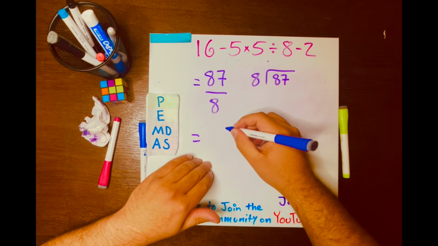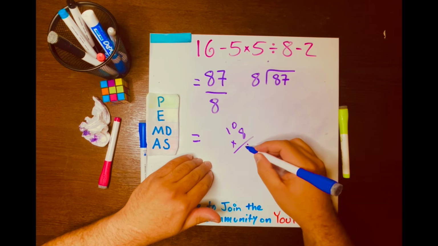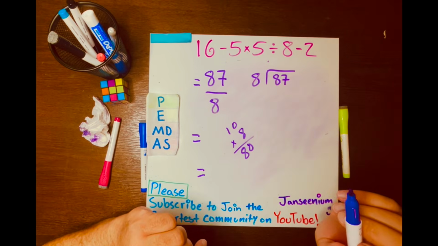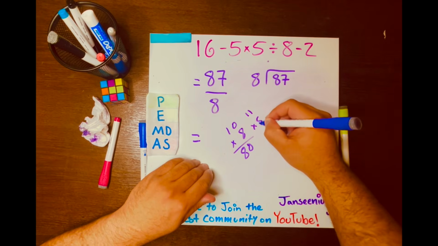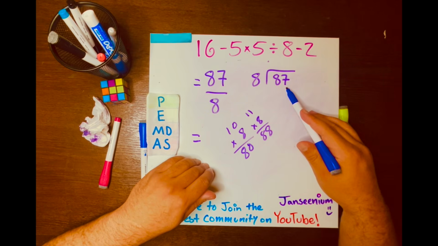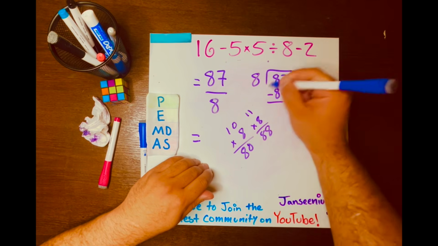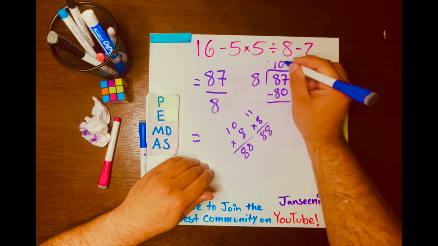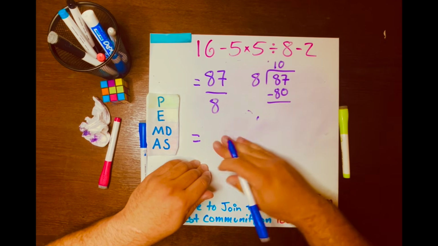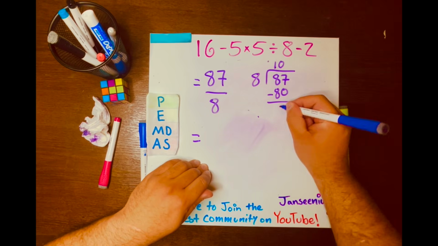Well, 10 times 8 is 80, right? That's the closest we'll get, because 11 times 8 is 88, and that goes over. So I write 10 up there. 10 times 8 is 80, and 87 minus 80 is 7.